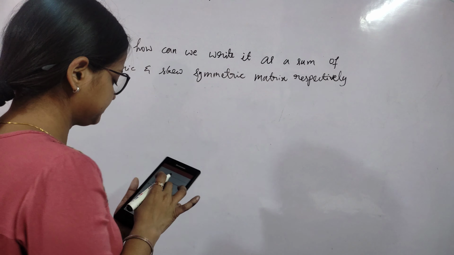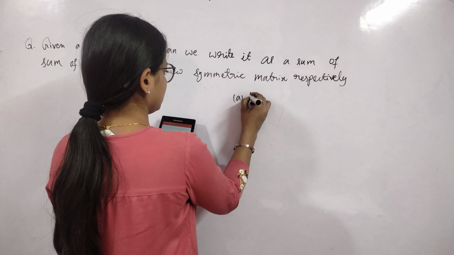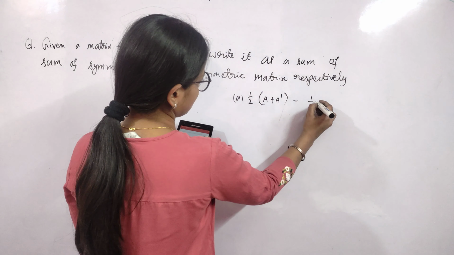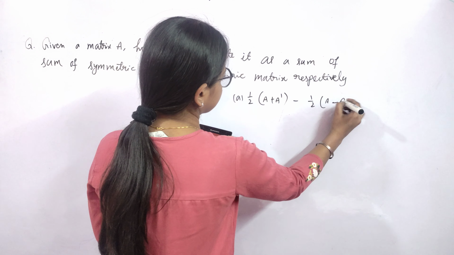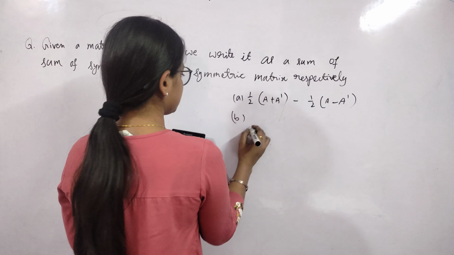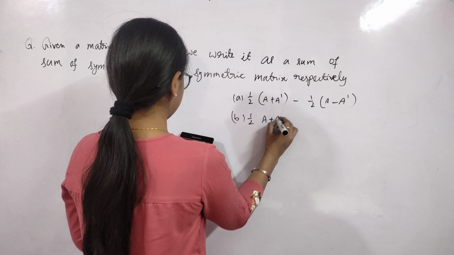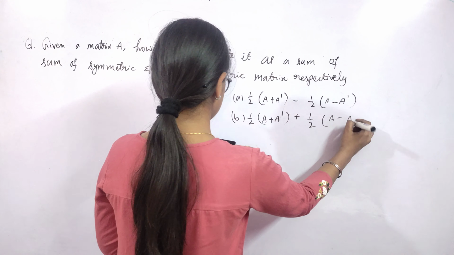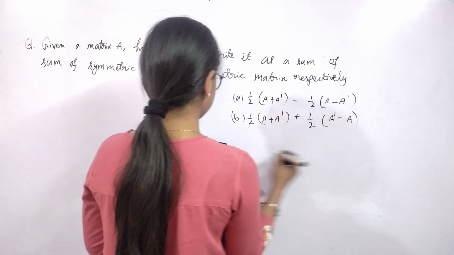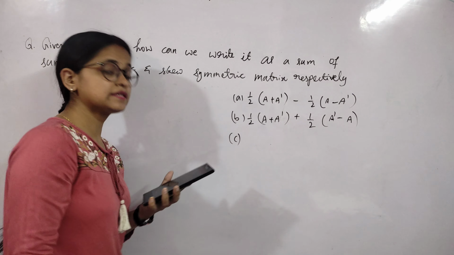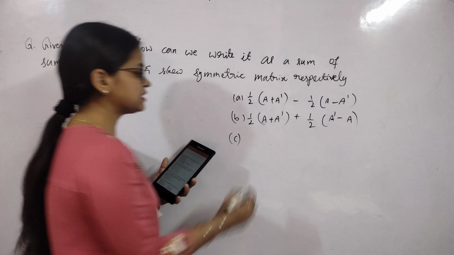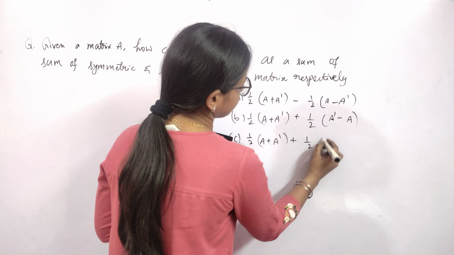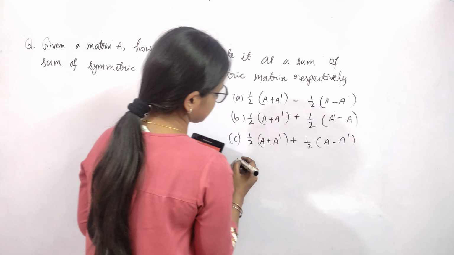Answers are: A option is half A plus A transpose minus half A minus A transpose. B option is given as half A plus A transpose plus half A minus A transpose minus A. C part is given as half A plus A transpose plus half A minus A transpose.